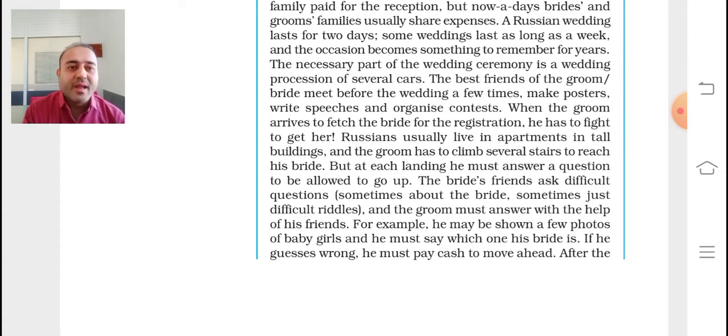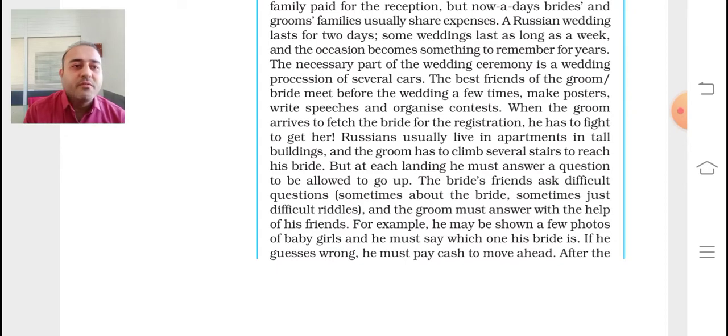When the groom arrives to fetch the bride for the registration, right? In our Indian culture, the marriage takes place and afterwards the registration is to be done. But here, at the time of marriage only, the couple do the registration. That means they sign the marriage. Okay, he has to fight to get her.